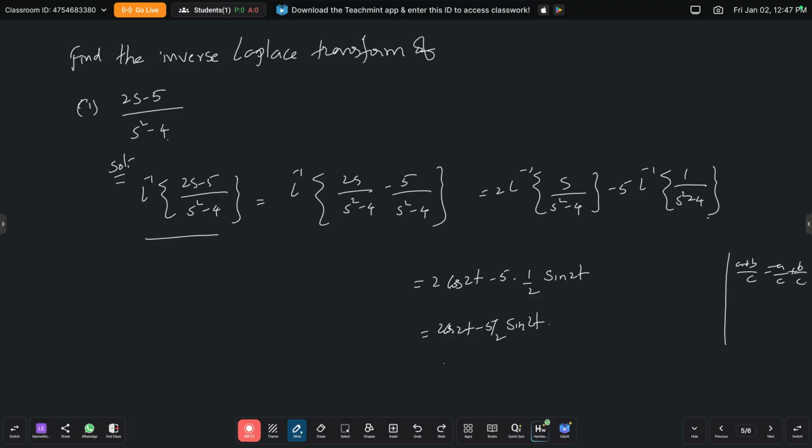L inverse of 2s by s square minus 4 minus 5 by s square minus 4. I take 2 common because it is a constant: 2 L inverse of s by s square minus 4. In this I am taking minus 5 common: L inverse of 1 by s square minus 4.